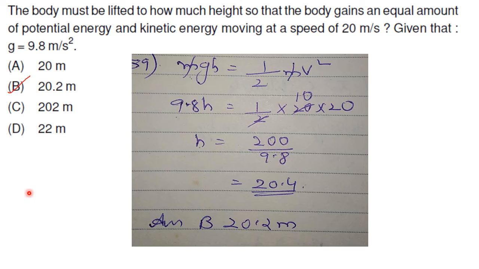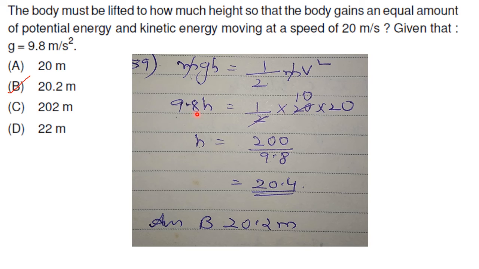Then a body must be lifted to how much height so that the body gains an equal amount of potential energy and kinetic energy moving at a speed of 20 meter per second. So a body has to be lifted in such a way that it will have potential energy and kinetic energy equal. So here mgh is potential energy, half mv square is kinetic energy.